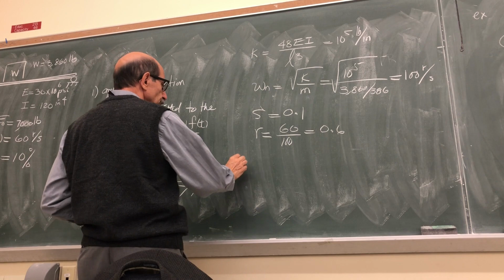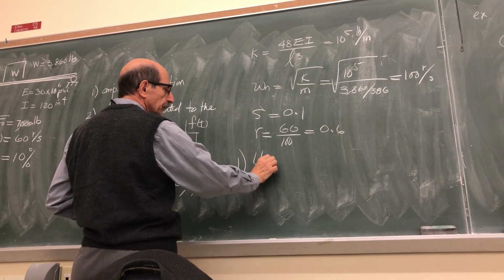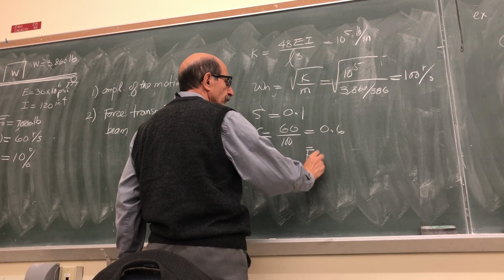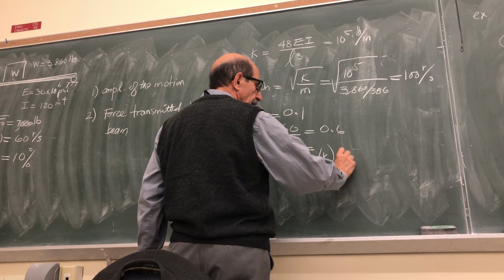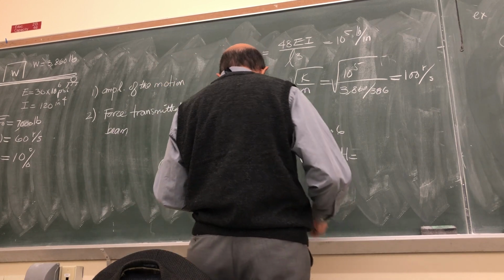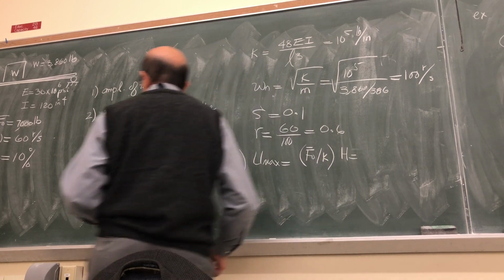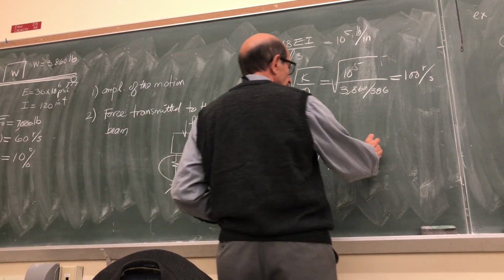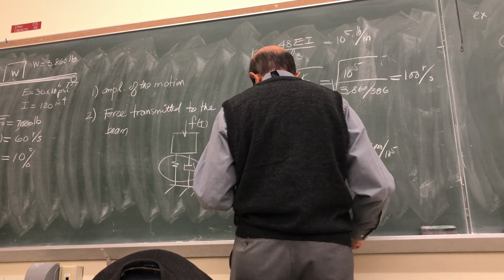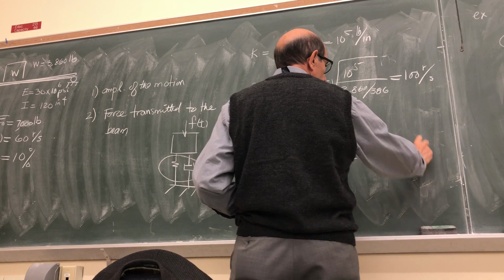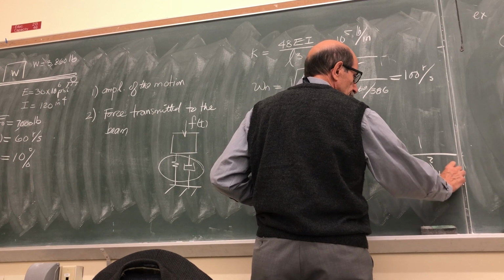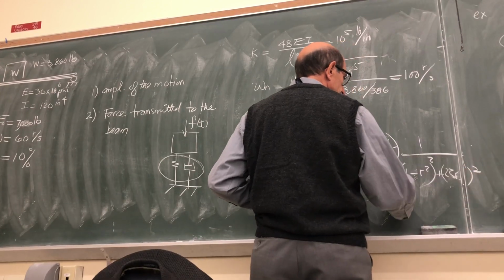So for part one, the maximum amplitude that this is going to experience would be F0 over K times H. F0 is given as 7,000 pounds, so that's 7,000 divided by K, 10 to the 5, times 1 over the square root of (1 minus R squared) squared plus (2 zeta R) squared.